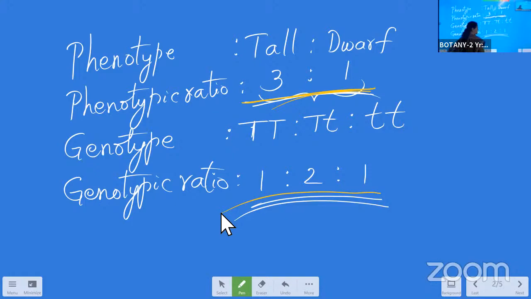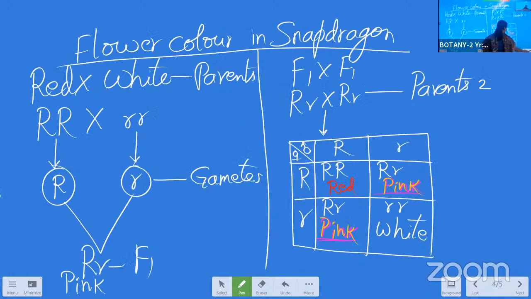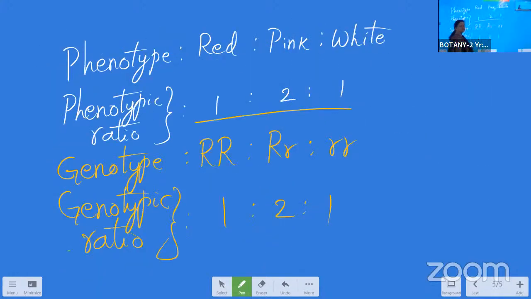So there is a change in the phenotypic and the genotypic ratios in Mendel's law, and here, the both are same as 1:2:1. These are the two sentences what we have to write as a conclusion of this matter in the incomplete dominance.